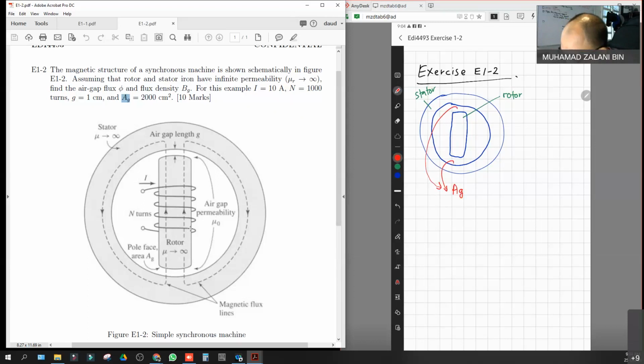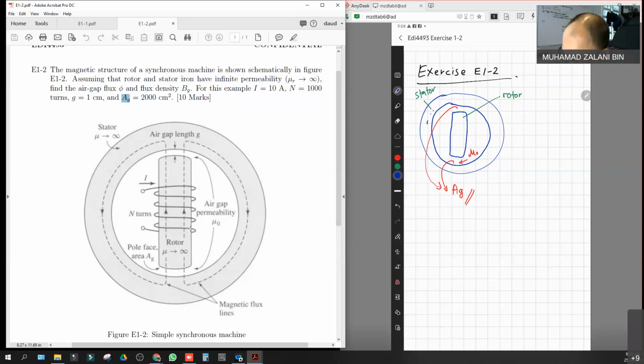And the permeability of the air gap is mu naught. Pole face surface area, AG. The gap G is 1 cm.